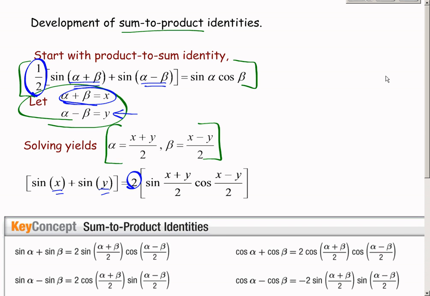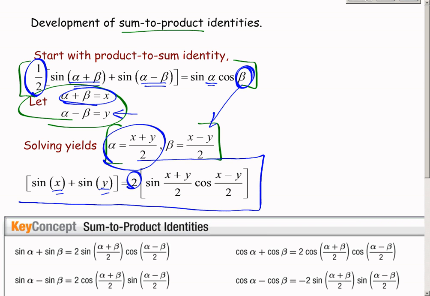Then on the right side of the equation, we had an alpha here, but alpha, according to what we've done, is x plus y over 2. So we replace that, and the beta here gets replaced with x minus y over 2 to give us our final formula here.